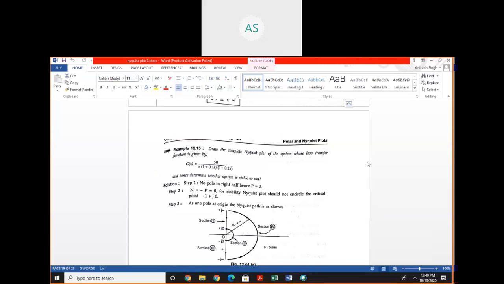This point is given by minus 0.5 K. So the magnitude of OQ is greater than the magnitude of minus 1. So we can write that 0.5 K is greater than 1, or K is greater than 2. For this range of gain, the system is stable.